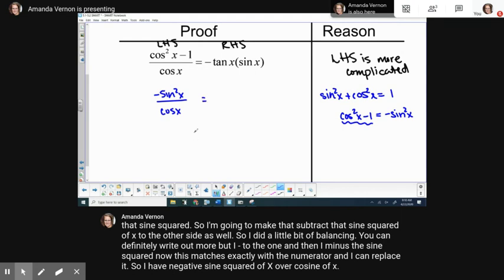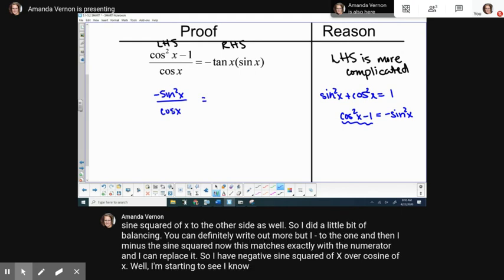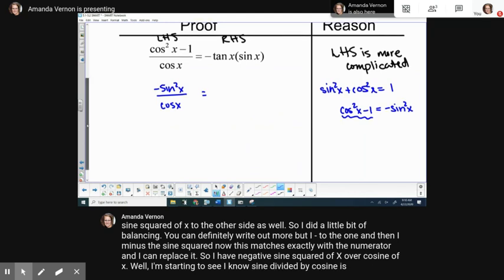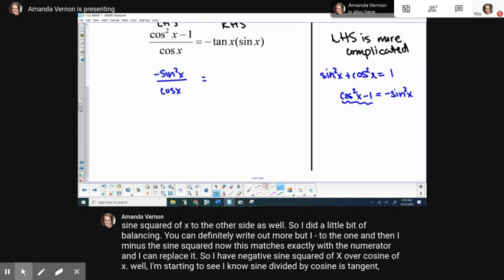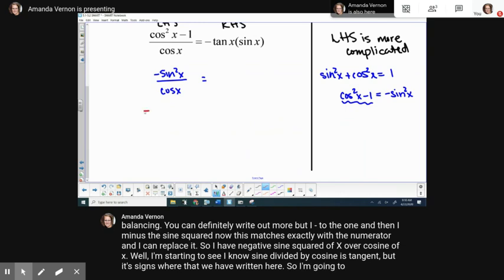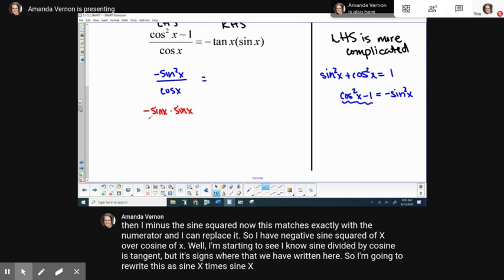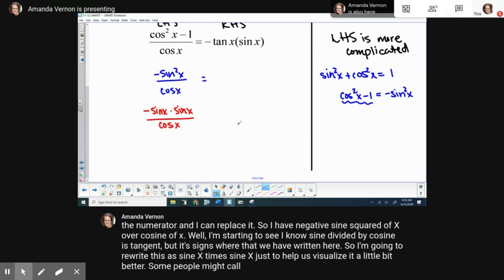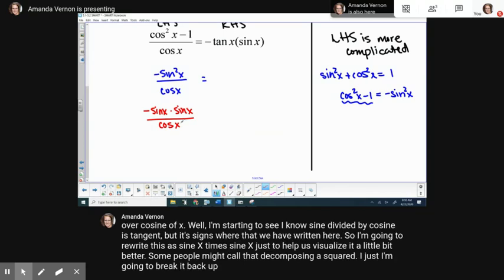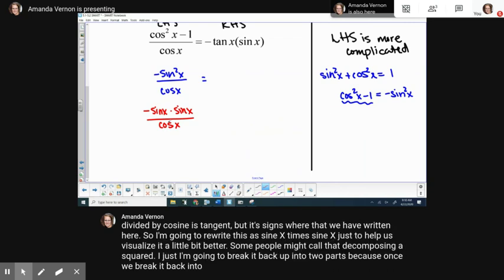Well, I'm starting to see, I know sine divided by cosine is tangent, but it's sine squared that we have written here. So I'm going to rewrite this as sine x times sine x, just to help us visualize it a little bit better. Some people might call it decomposing a squared. I'm going to break it back up into 2 parts, because once we break it back into sine x times sine x, it now becomes a lot easier to see some connections.